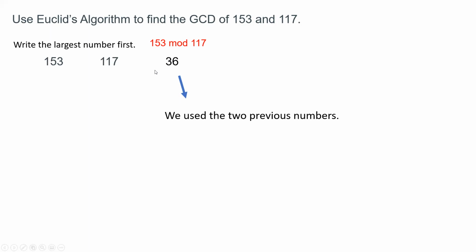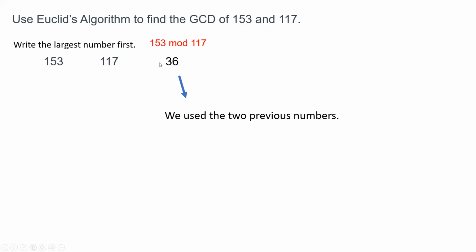You'll have the same GCD as if you were looking at the original. Notice what we had to do to get that 36 was look at the two previous numbers, 153 and 117. As we go further and do more steps, we're always going to look at the two previous numbers.